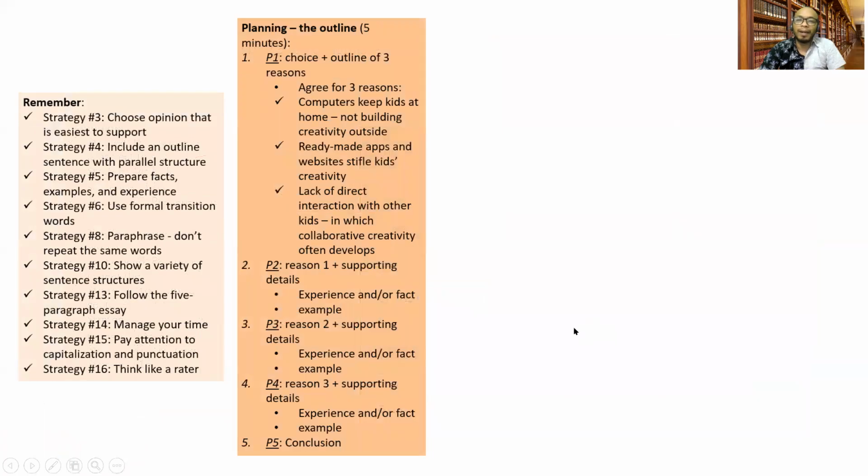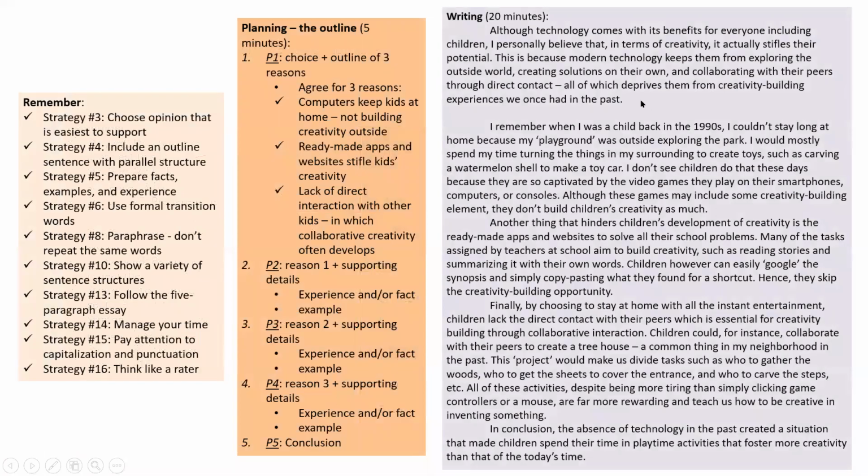Now, let's see how the student expanded this outline into an excellent response. Starting with paragraph 1. You can see in paragraph 1 that the student provides the thesis statement saying, "I personally believe that it actually stifles their potential."